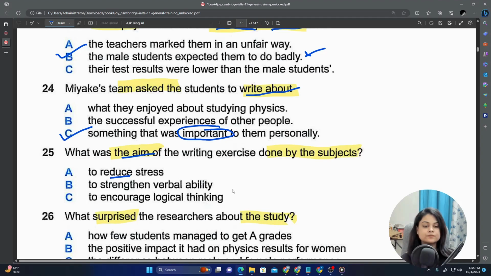But what the researchers in the study hadn't expected was that this one activity raised the women's physics grades from the C to the B. Okay, so what was the aim of the writing exercise done by the subjects? It is to relax them. They are not talking about verbal ability, they are not talking anything about logical thinking. It was very quick. Okay, so they were talking about relaxing, that is to reduce stress. Yes, A will be the correct answer.